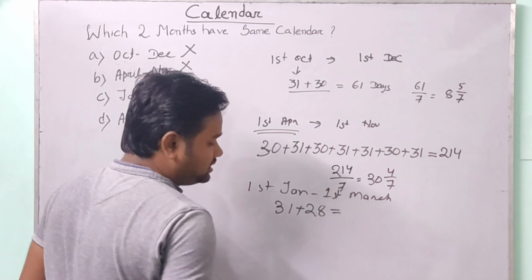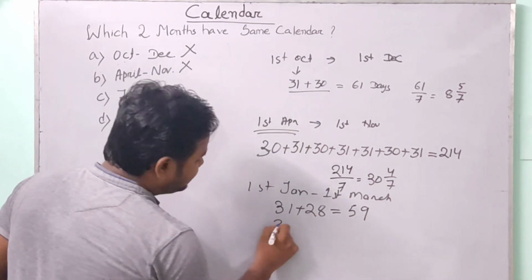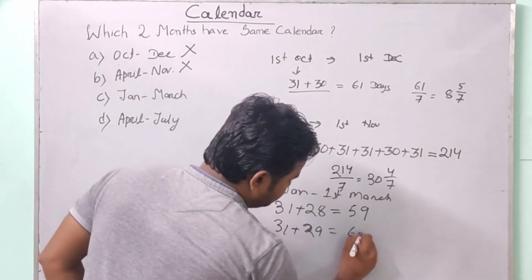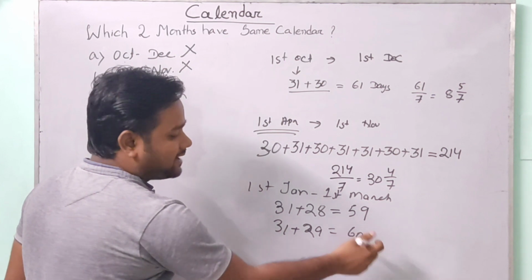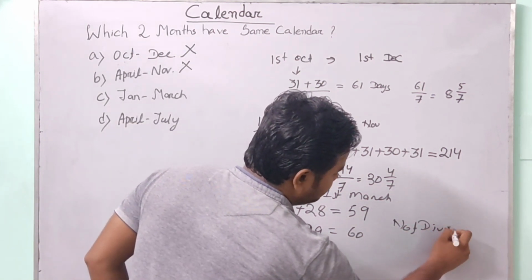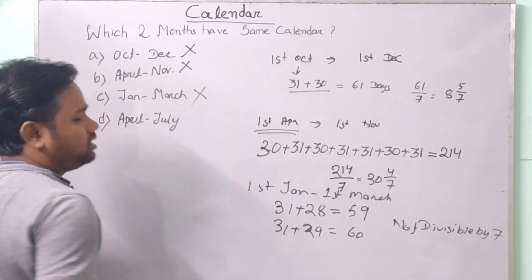If I add 31 plus 28, I get 59. If it is 29 days, I get 31 plus 29 is equal to 60. Both 59 and 60 are not divisible by 7. So this option is also wrong.